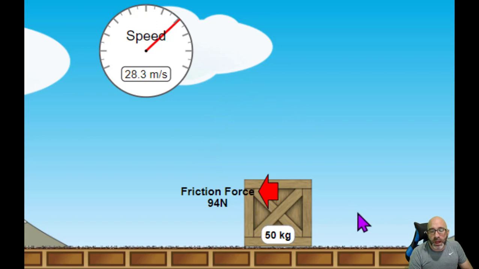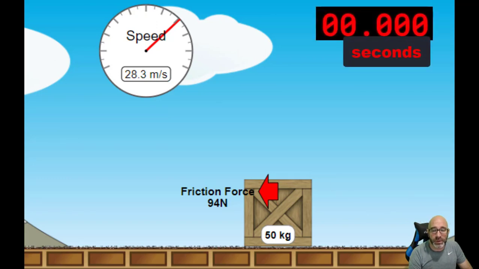So, I have a crate that is paused here, but in the very beginning it is traveling at 28.3 meters per second. Now it's paused at the moment, but this 28.3 meters per second is a velocity initial. What happens if I let the movie play?